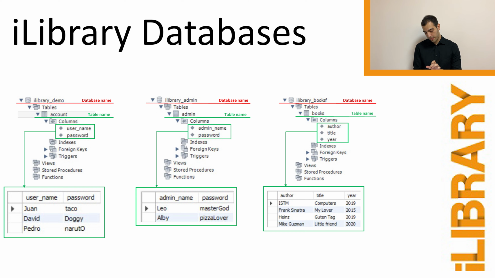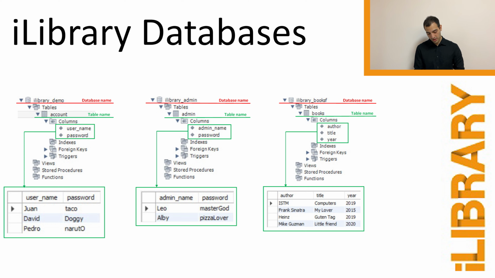The iLIBRARY admin, the database in the center of the slide, is where we stored the admin name and the password. And the third one, the iLIBRARY book SF, is where we stored the author, title and year data of the books. So it's where we save the book information.